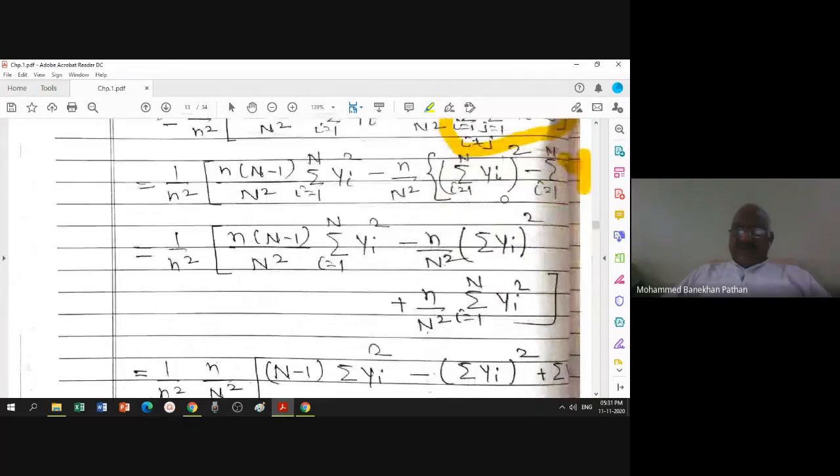Good, good. So now what I do next, I multiply this minus n by n square with this term. This minus and this minus become plus n upon n square sum of y square, which was missing here. This quantity is there. This is there. Get it?